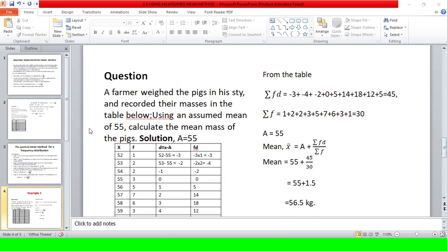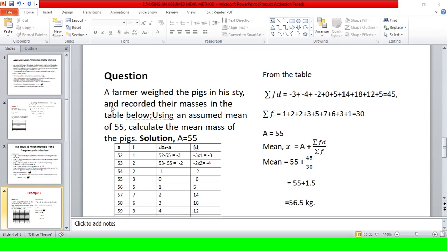We calculate the deviations the same way: 56 minus 55 will be 1, 57 minus 55 will be 2, 58 minus 55 will be 3, 59 minus 55 will be 4.